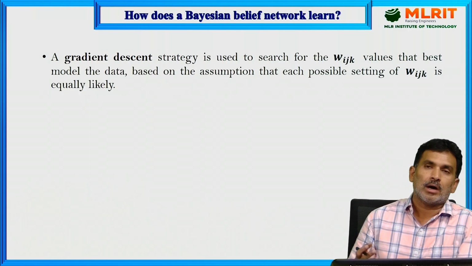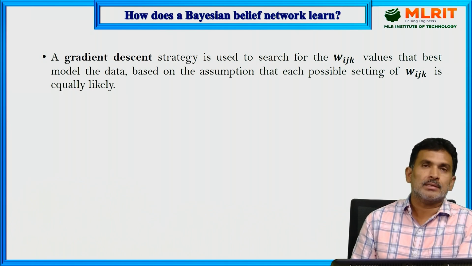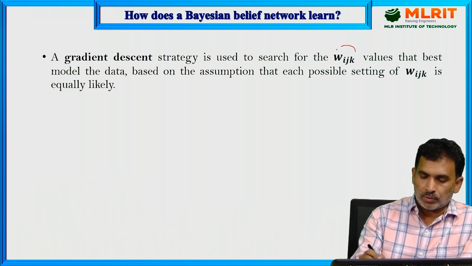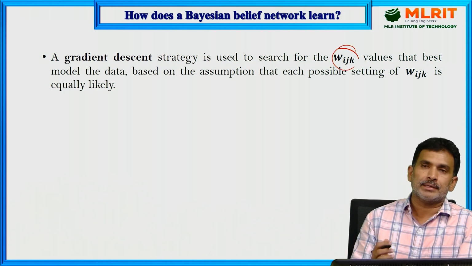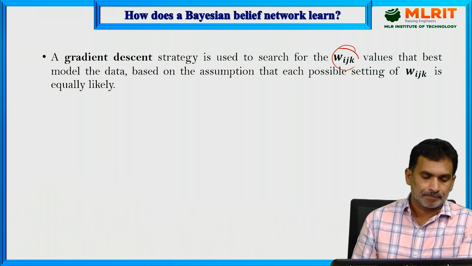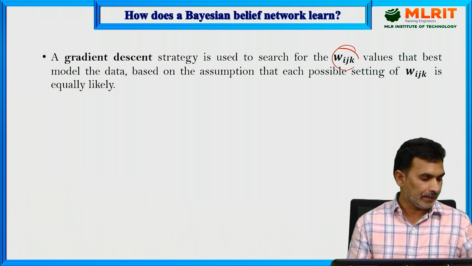Let us see how the gradient descent strategy works. It is mainly used to search for the Wij value, that is the entry in a conditional probability table that best models the data, based on the assumption that each possible setting of Wij is equally likely.